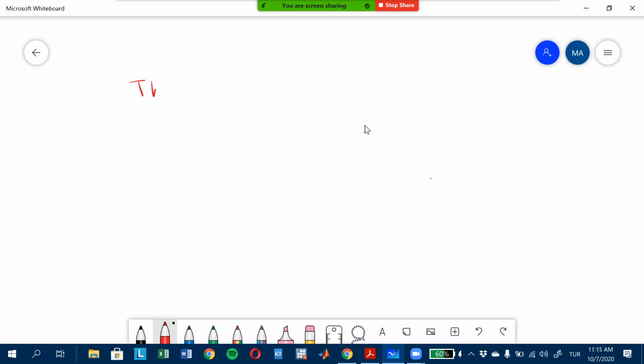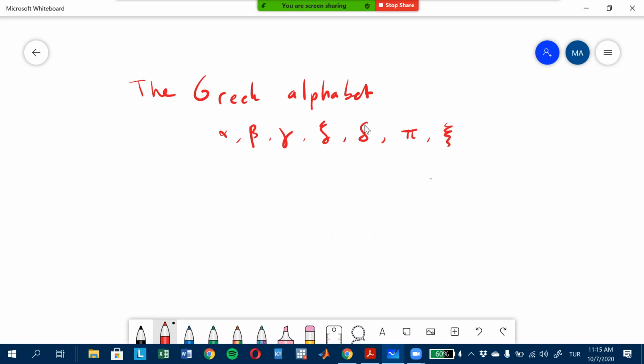So one thing that you can refresh your minds with is the Greek alphabet, all right? Because we're gonna use many different Greek letters throughout the class, and of course they will have different meanings, okay?